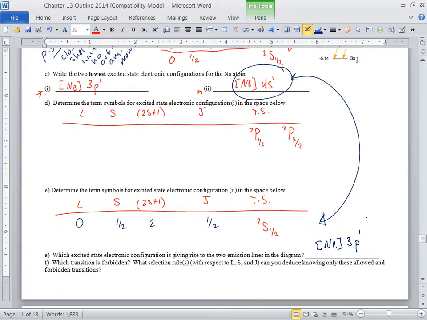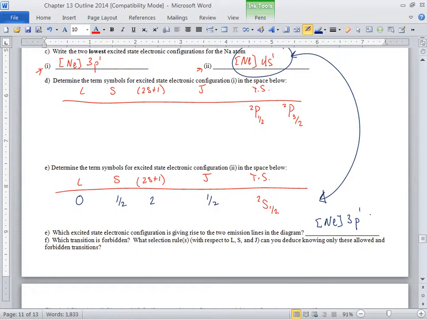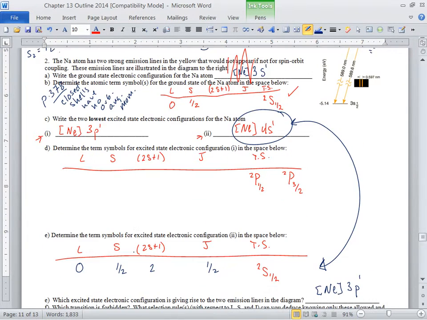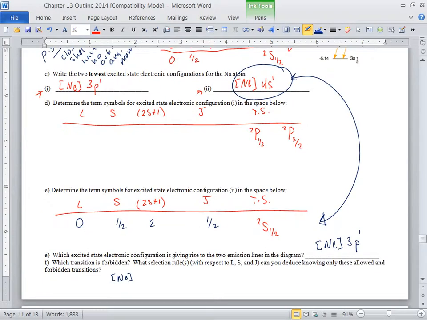And then it says, which transition is forbidden? So it's kind of easy if you see which one's allowed. If you see neon, well, what's the ground state again? Neon 3S1. Okay, that is allowed to go to neon 3P1. That's allowed.